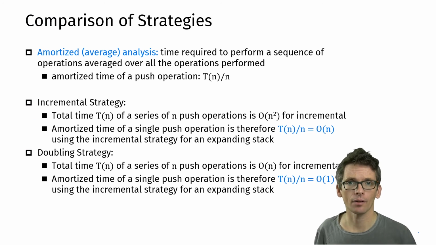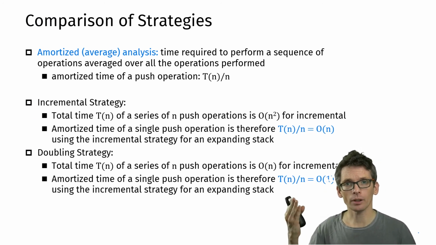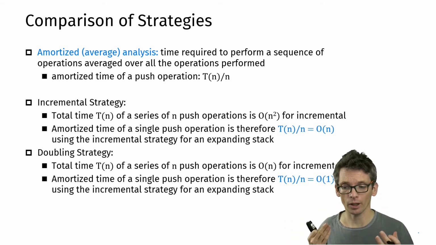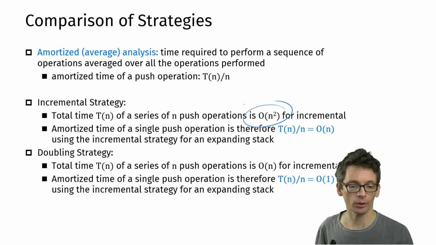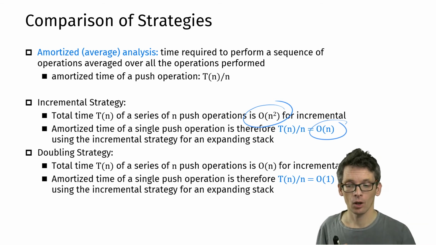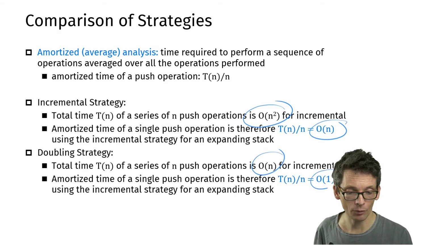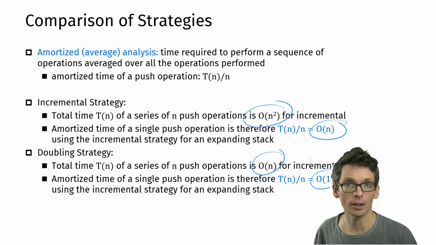So what do we have now? We have finished the amortized analysis of the incremental strategy and the doubling strategy, and that allows us to compare those two strategies. What we saw was that for the incremental strategy, T of n was quadratic, so the amortized cost per operation was linear, while for the doubling strategy, T of n was linear, so the amortized cost per operation was constant, and that's exactly what we wanted to get, so we should be using the doubling strategy.